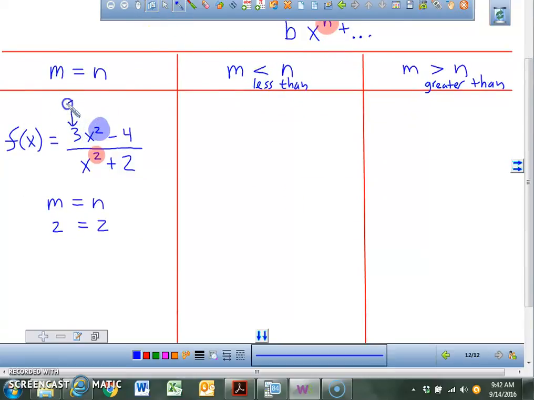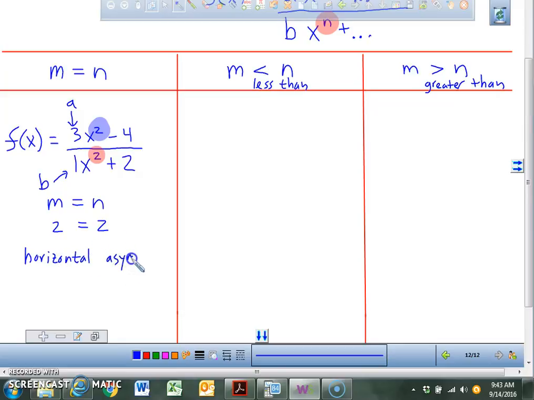This 3 represents your a value. What number is technically in front of the x squared? A 1. So right here, a 1 is your b value. If your powers are equal, the horizontal asymptote is going to be where y is equal to whatever your a value is divided by whatever your b value is.